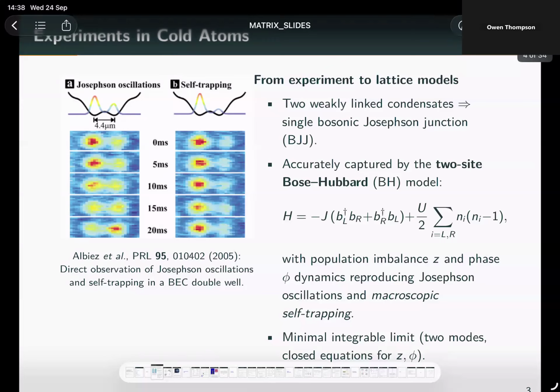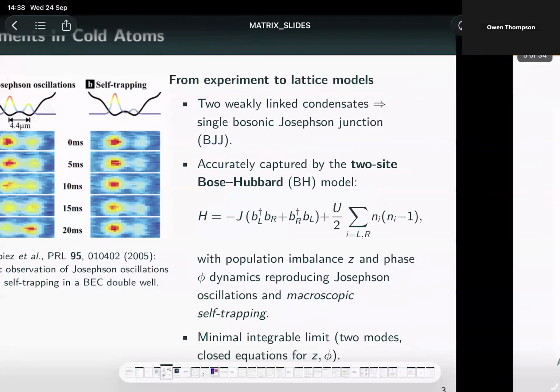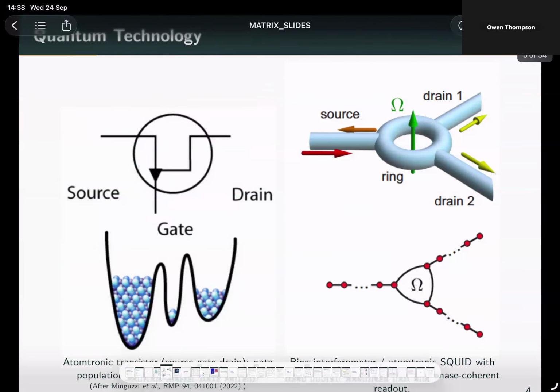This is a minimal integrable model. You've got the Hamiltonian and you've also got the number of particles. You've got two conserved operators, 2 degrees of freedom, and you can get closed form solutions for the population imbalance and the phase between the two sites. So these often occur as limits in experiments.